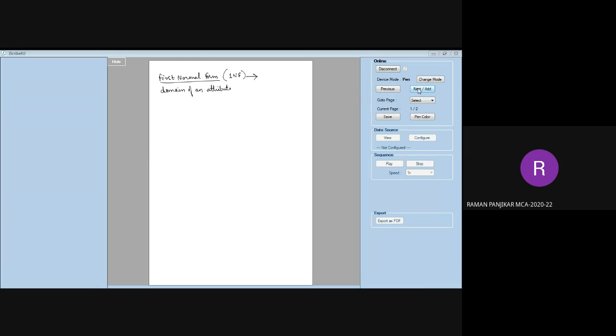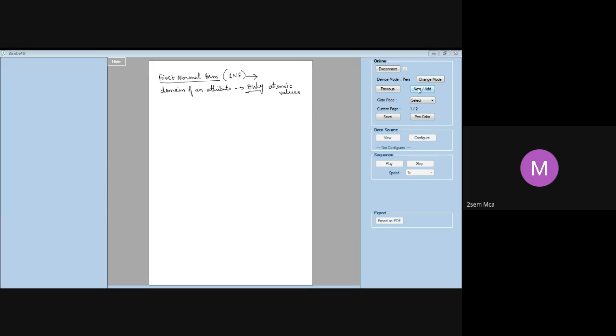All possible values it can take. The permissible values that a particular attribute can take are called the domain of an attribute.